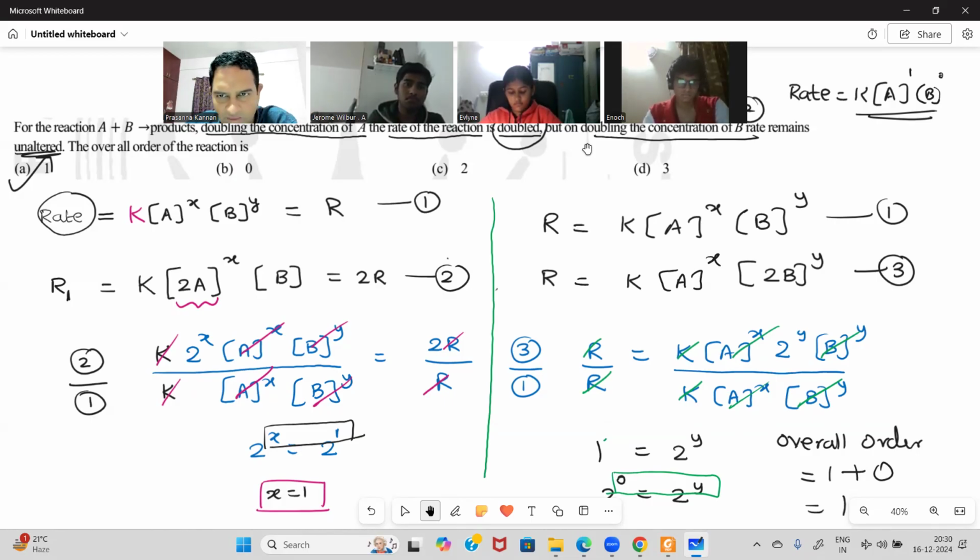Very good. Now one more question. I am tripling the concentration of a particular reactant, and the rate of the reaction becomes 1.732 times.